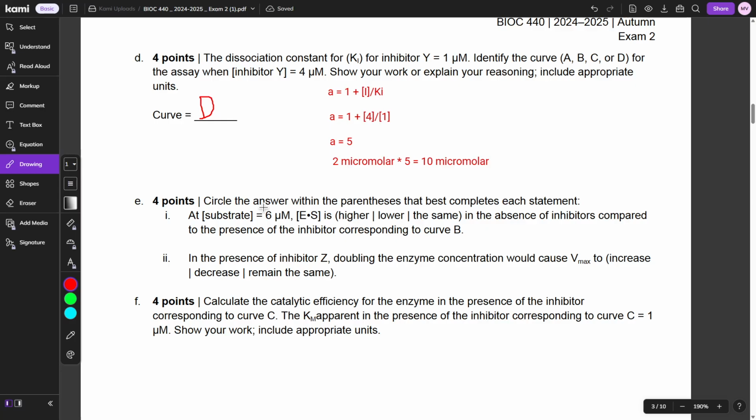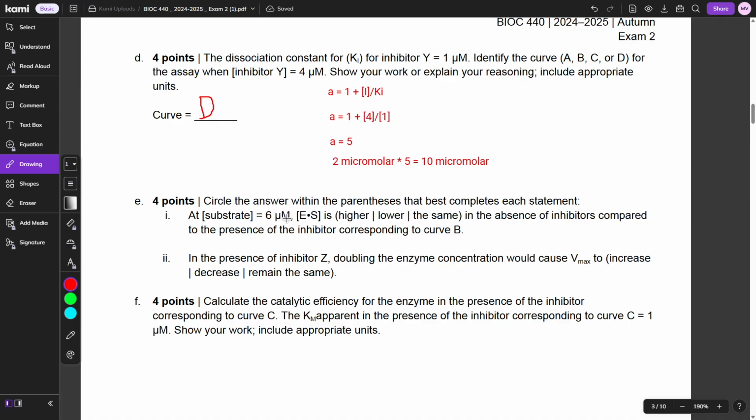Now, if we go on here, stuff's all over the place. Okay, so best completes each statement. We're trying to figure out what is true here.